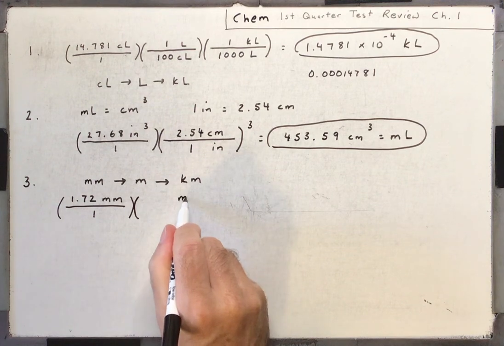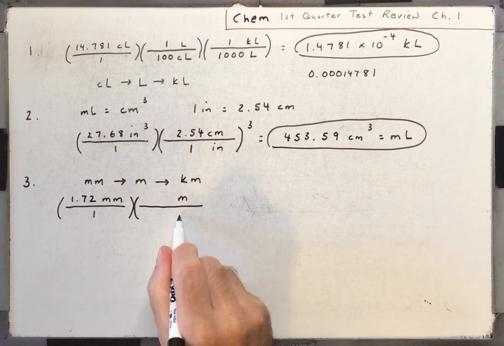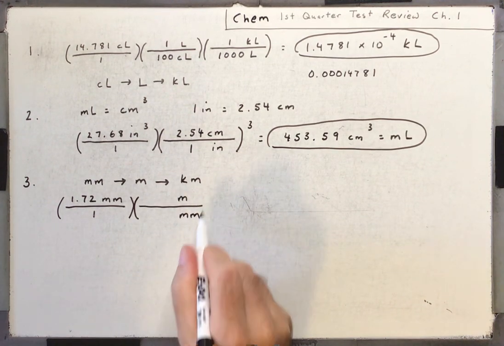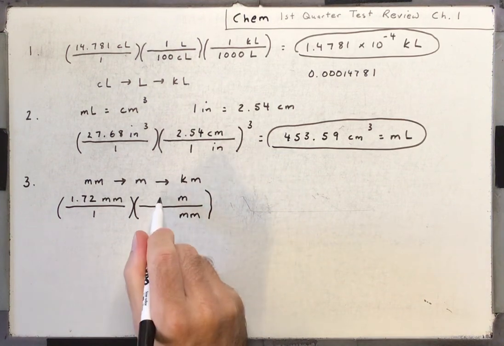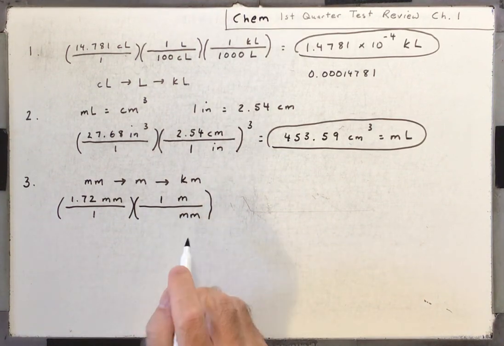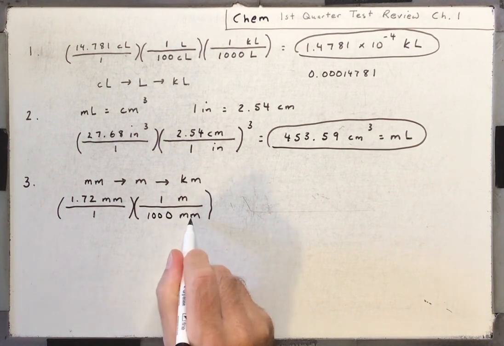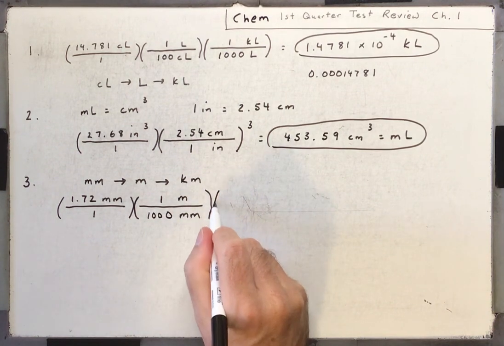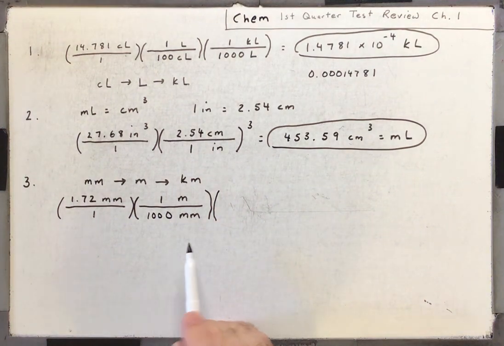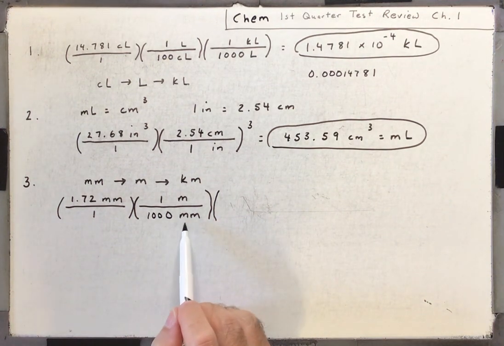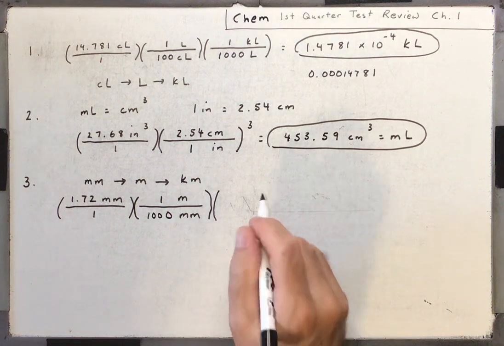Then we're going to go to meters. Put millimeters on the bottom so it'll cancel. A meter is bigger than a millimeter, so we put the 1 by that. And there are 1,000 millimeters in a meter. So you do have to remember that. 1,000 for milli, 100 for centi, etc.